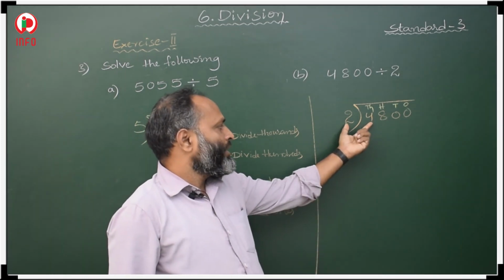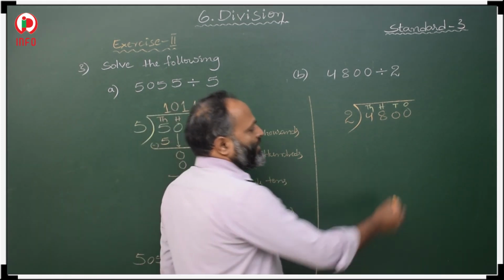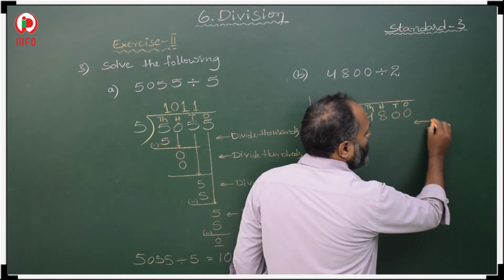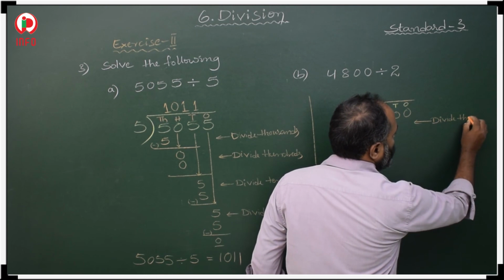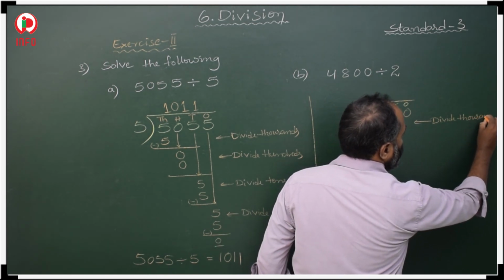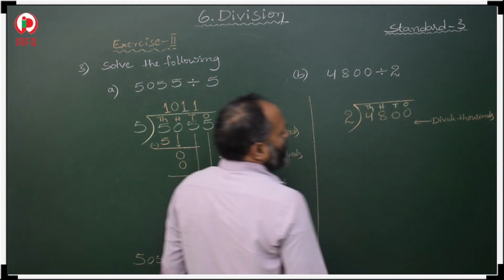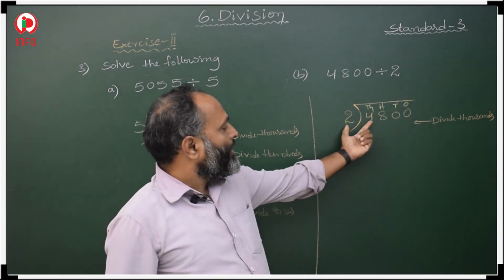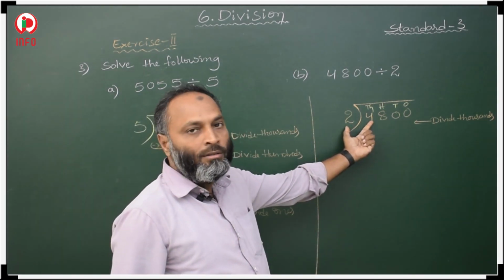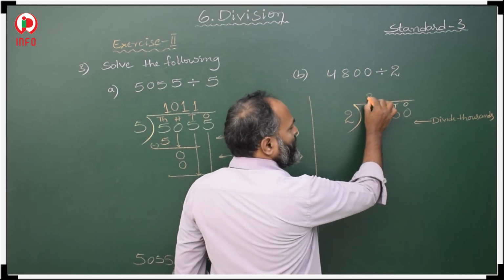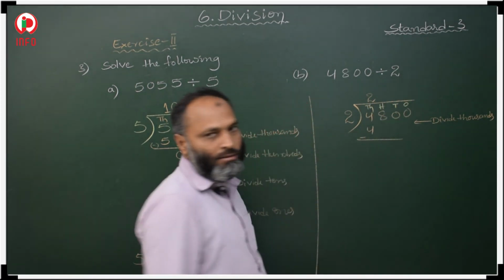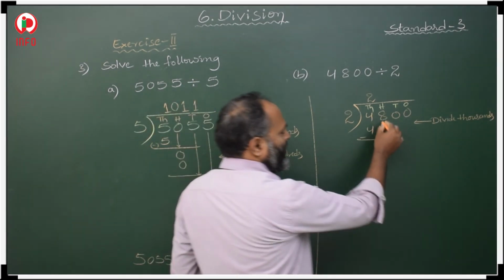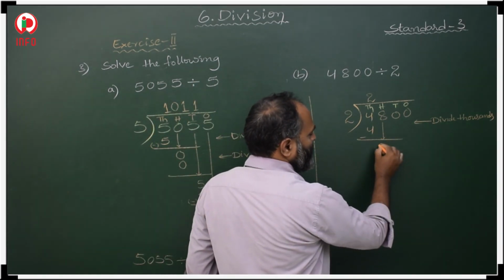In the 2 table when you will get 4, 2 2s are 4, 4 minus 4 is 0, do not take. Then after that 8, the hundreds place we have to take.